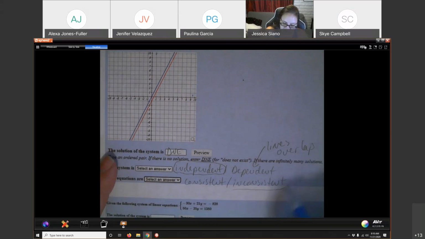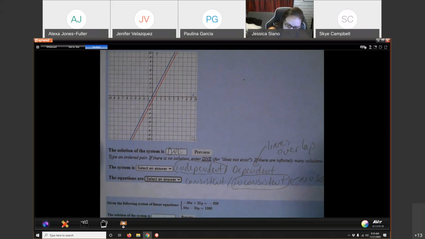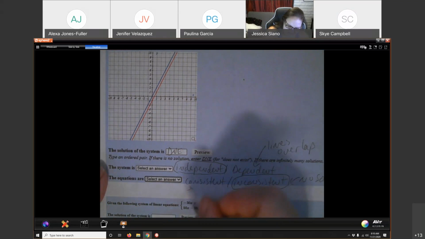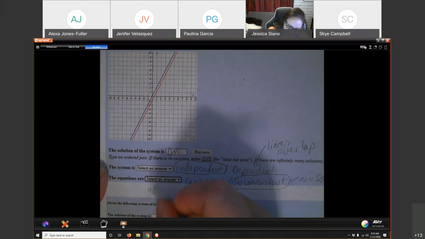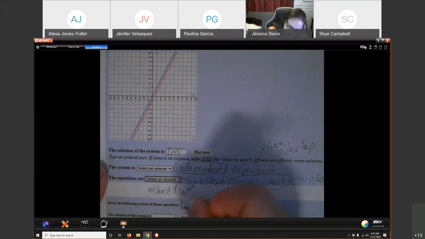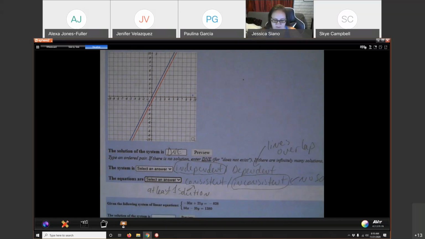This system is inconsistent because it has no solutions. So it would be consistent if it had at least one solution. So dependent lines overlap, and that means we have infinitely many solutions.